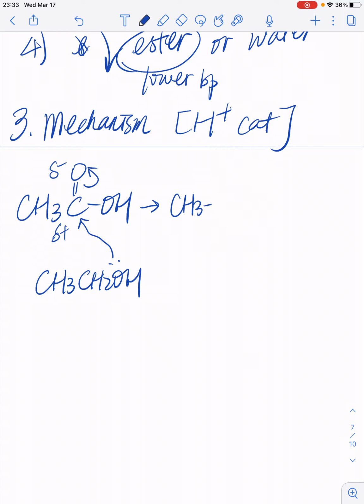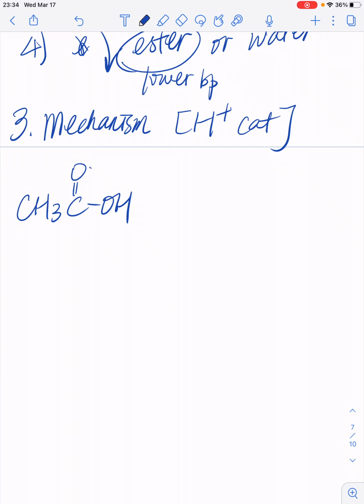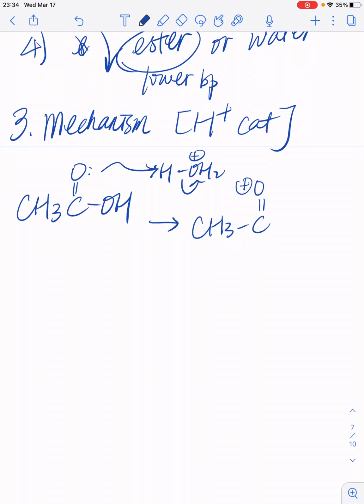So I should rewrite. How am I going to rewrite then? There are two ways you can make the nucleophile attack. And one of them is by protonating the carbonyl first, right? Since it's in an acidic environment, it shouldn't be so hard to do. Oxygen plus OH. Well, then we can have the nucleophile attack.